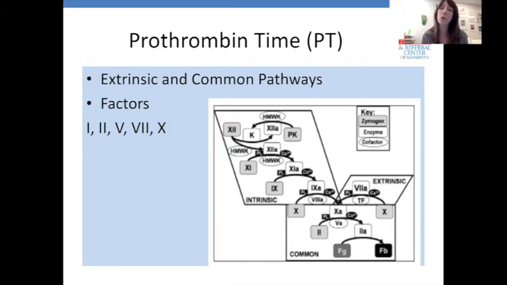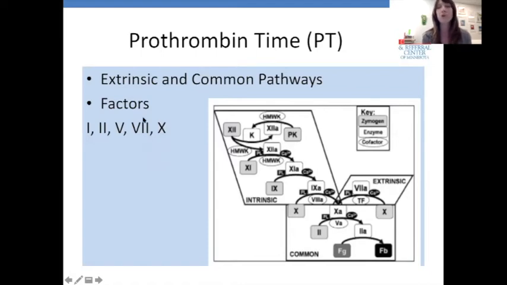Now that's really important because factor 7 here is the clotting factor with the shortest half-life. So if you've got a rodenticide toxicosis, for example, that factor 7, its half-life is only about 6 hours.